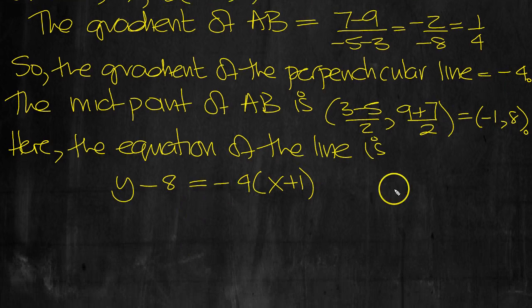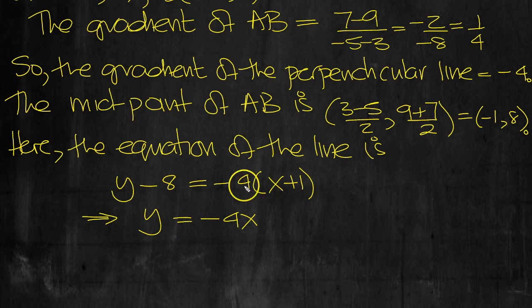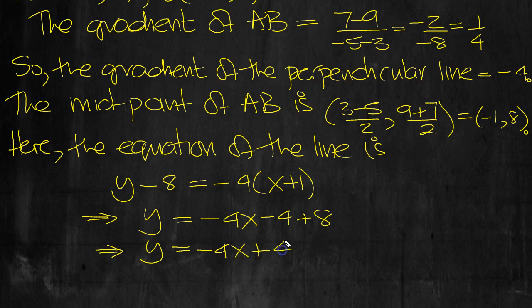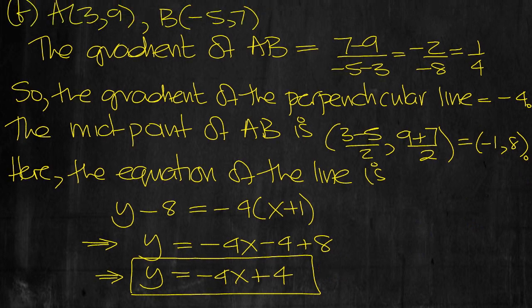So what does that tell us? So y equals minus 4x minus 4. Move the 8 over to plus 8. And then lastly we can write that down as y equals minus 4x plus 8 minus 4, which is 4. Okay, that's the equation of the perpendicular line through the midpoint of AB.